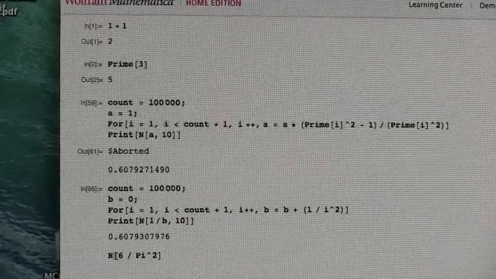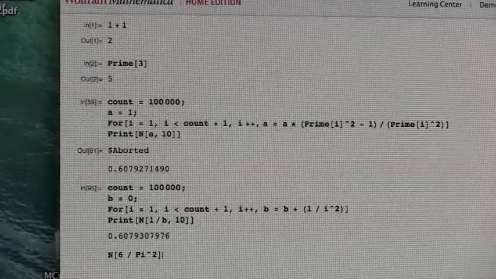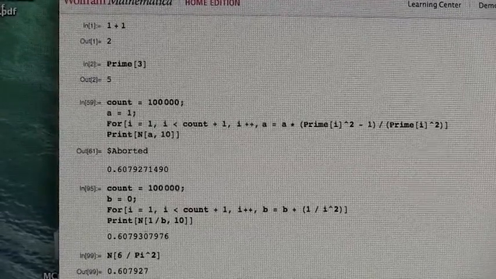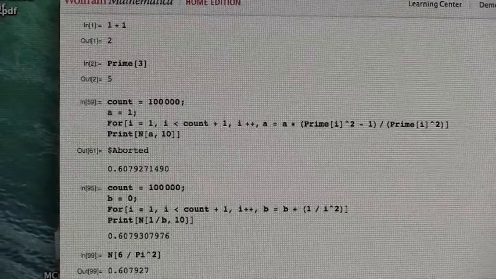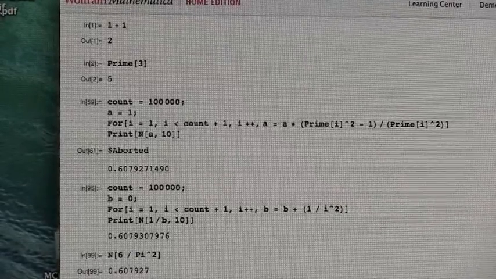Wow. And let's just take a look at this number: 6 over pi squared. 0.607. I thought it was pi squared over 6 was the number. Well, what's pi squared over 6?